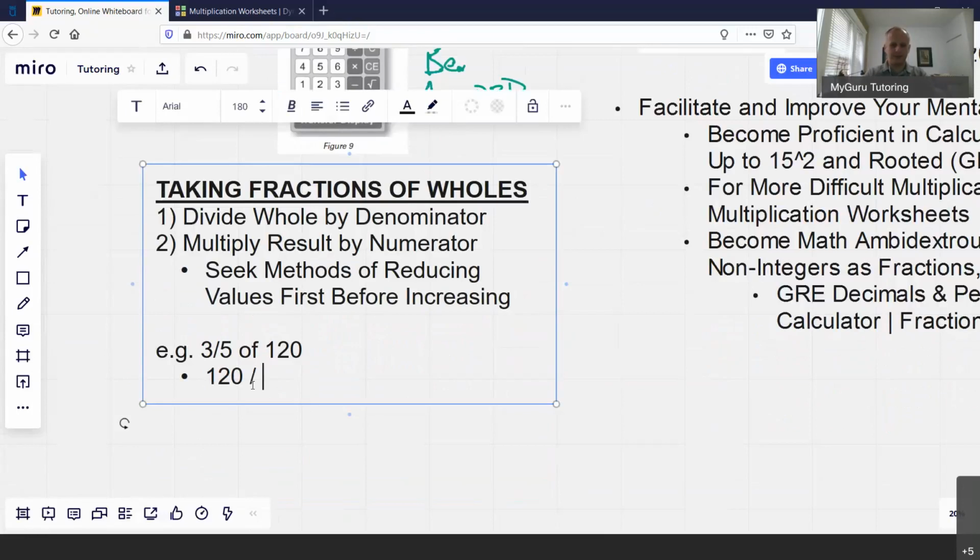So who can tell me what is 120 divided by 5? Anyone?